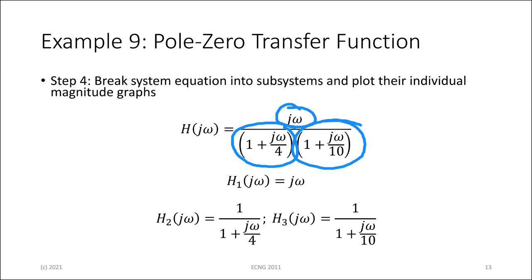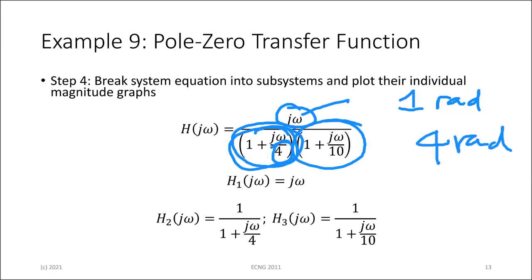The corner frequency for the 0, a simple 0 like that, passes through 1 radian per second, and it's increasing all the time at 20 dB per decade. The corner frequency for this, we wrote it that way so you know what the corner frequency is just by inspection. So the corner frequency for that is 4 radian per second. The corner frequency for this component is 10 radian per second.